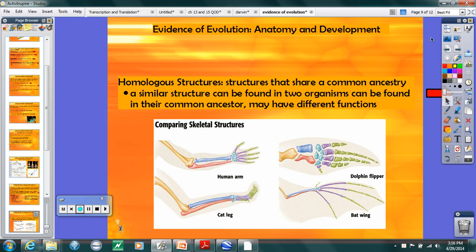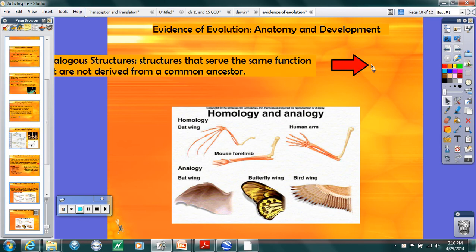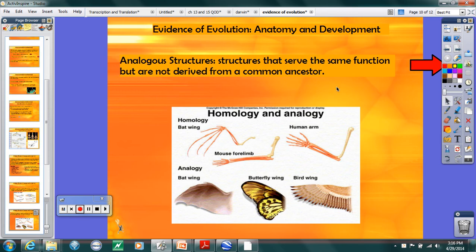Now the opposite of this would be an analogous structure, which is structures that serve the same function, but they are not derived from a common ancestor. The example here would be this bottom half of the picture where you have bat wings, butterfly wings, and bird wings.